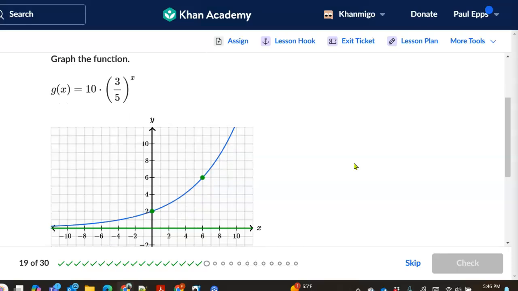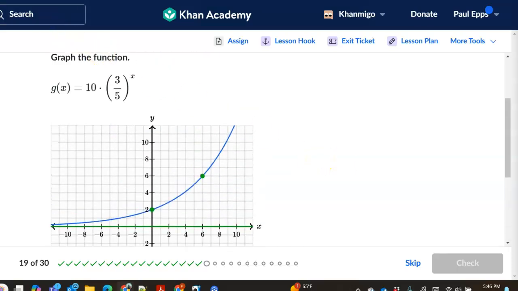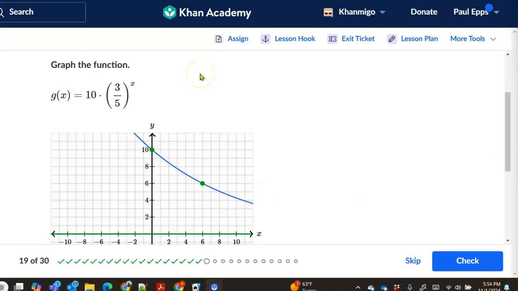Graph the function. Oh, just drag it? Okay. The second point that we could plot would be if x were equal to 1, 10 times 3/5 is 6. So 1, 6. Did we get that on there all right?